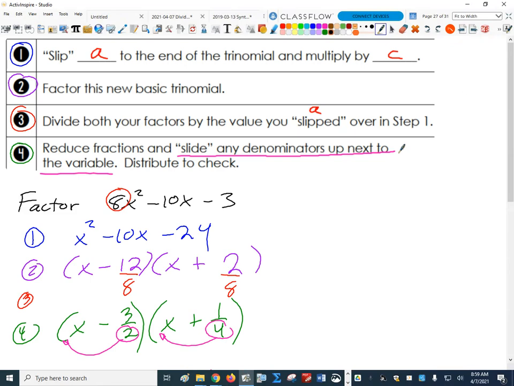Okay, this time I'm not going to put the list of steps up there. See if you can get this without looking at the list of steps. Okay, try that one. I'll give you just a sneak peek here real quick at the steps, though. Take a look at those steps.